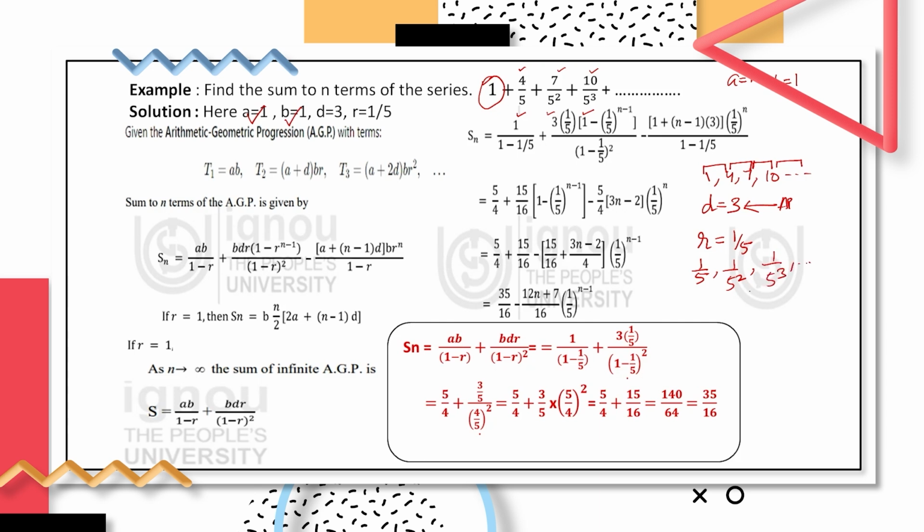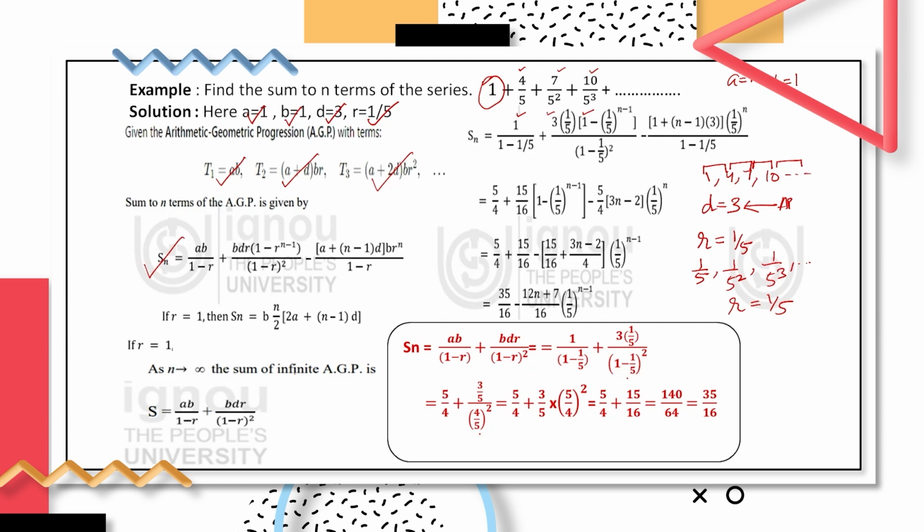So, D is 3 and R is 1 by 5. And we already know how the terms vary in an arithmetic geometric progression. The first term is AB, the second term is A plus D into BR, the third term is A plus 2D into BR square.